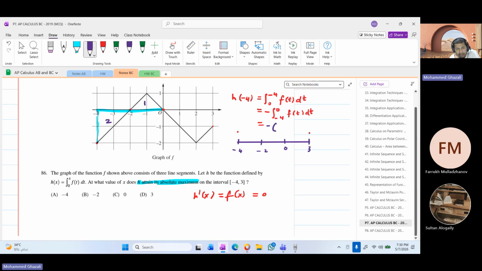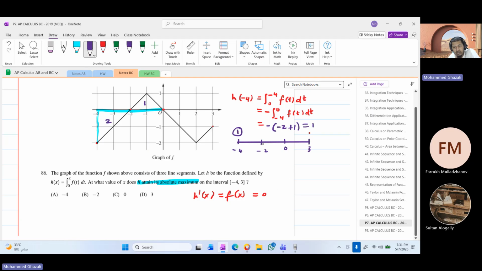From -4 to -2 the area is 2, but below the x-axis means -2. From -2 to 0, the area is 1, because I'm just finding the area of a triangle. It's just straight lines. So that answer becomes 1. So what's H of -4? The endpoint value is 1. Are we good?